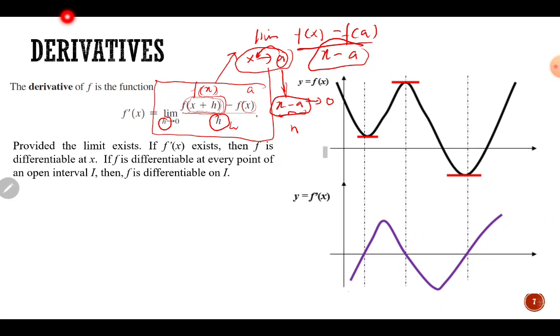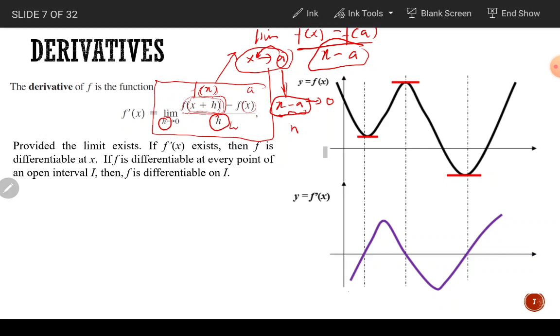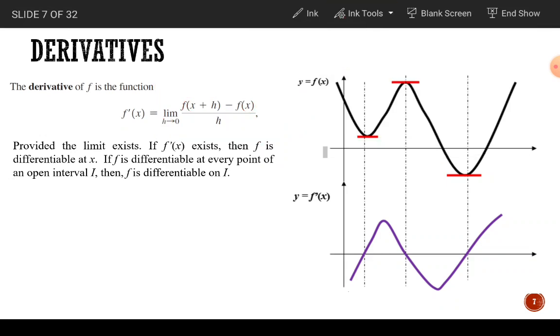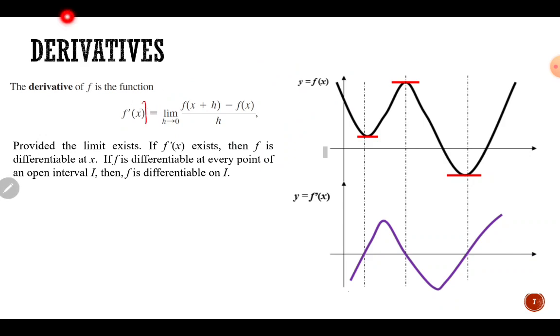Okay, so sekarang ni this is actually the derivative f prime x. Okay, f prime x ni adalah simbol untuk kita kata function tu dah dicari dia punya derivative ataupun pembezaan.